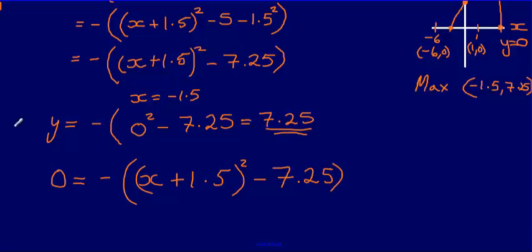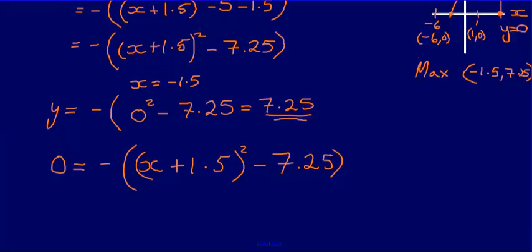So we're just going to take that, and we are now going to solve what we've got here. So we've got an equation in terms of x, and we've set y equal to 0, because as we saw, we want to figure out the value of x when y equals 0 so that we can find the points at which it crosses the x-axis.